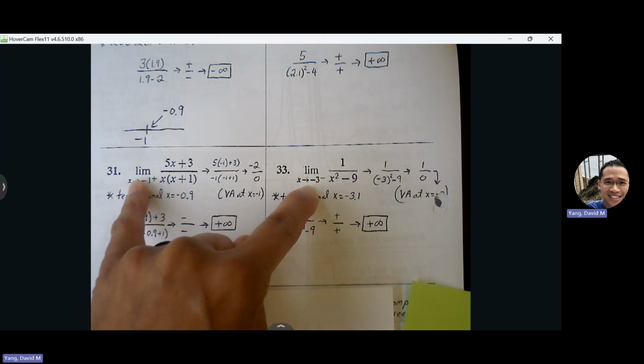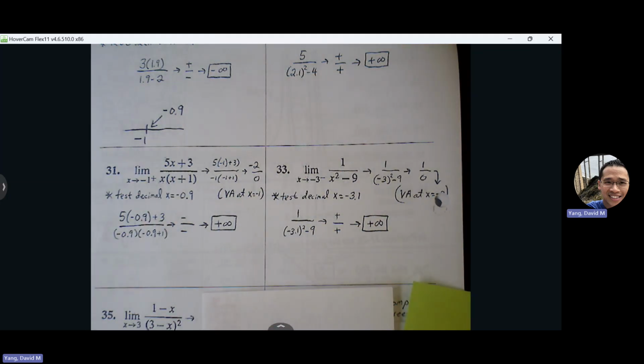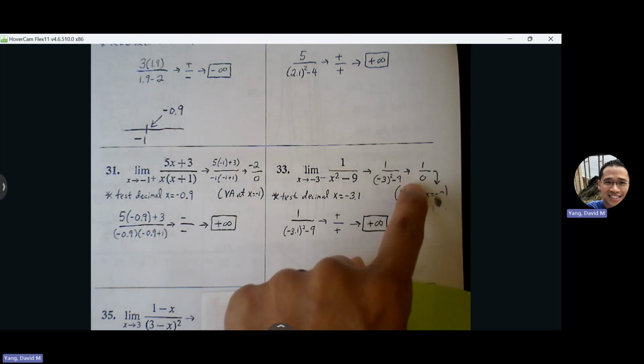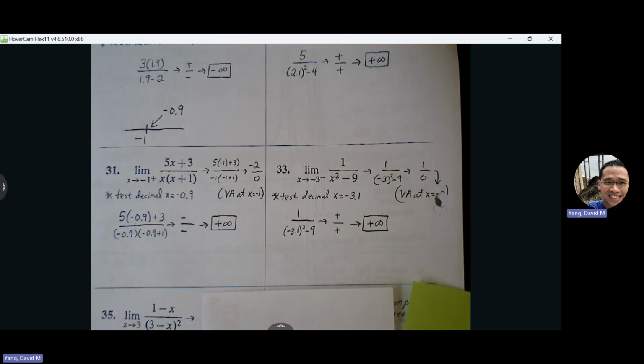You're just going to treat it like a normal limit problem. The limit will exist. The one-sided limit is not going to play a role at all. It's only going to play a role with decimals if there's a vertical asymptote and you're approaching that vertical asymptote.